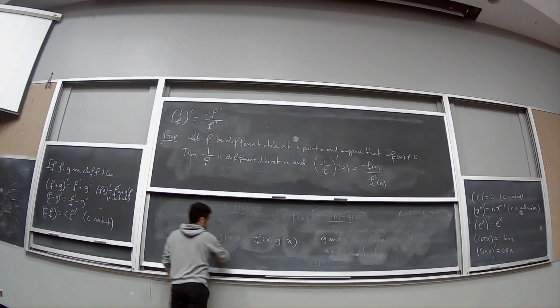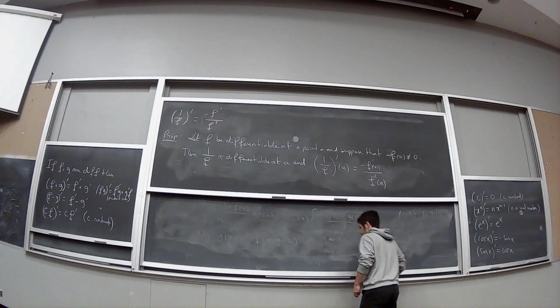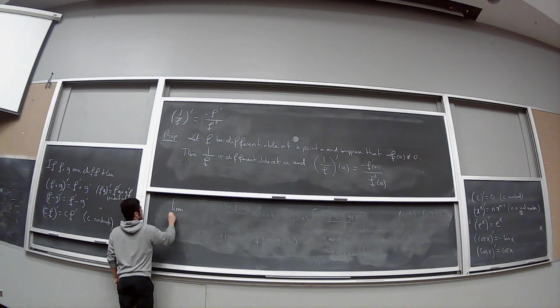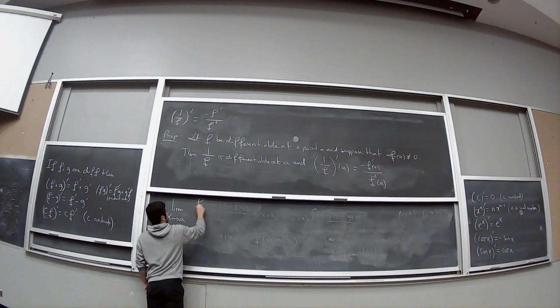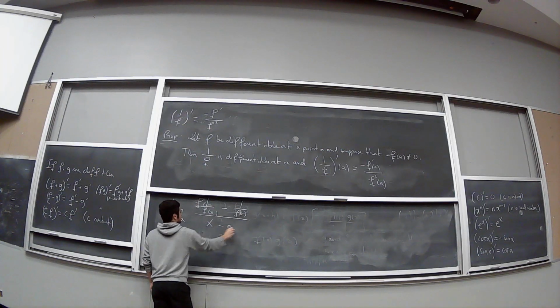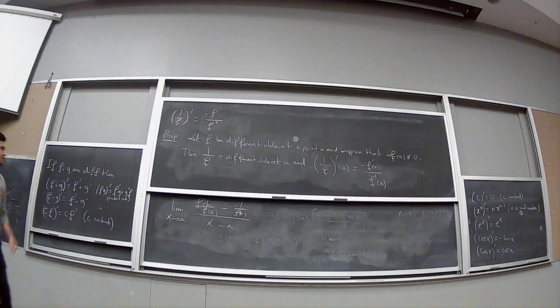Let's use the other definition of the derivative so that you can practice it. I will need to look at the limit as x approaches A of 1 over f of x minus 1 over f of A over x minus A, right? This is what I need, the derivative of the function 1 over f at A.